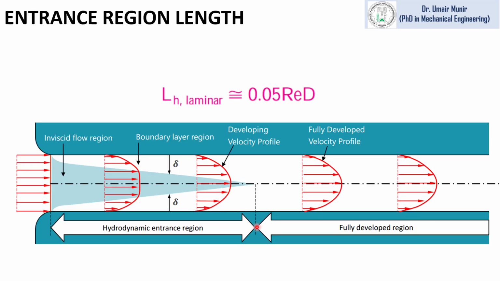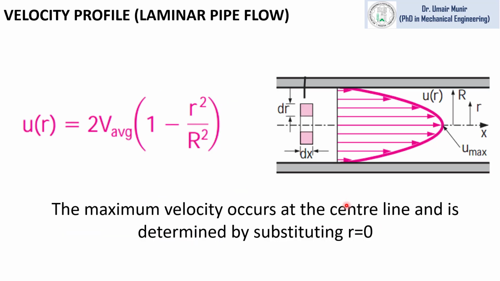The entrance region length can be found by this empirical relation, and this entrance region length is a function of Reynolds number and pipe diameter. This parabolic curve is the velocity profile, and it is expressed by this expression of u(r). This expression is for the velocity profile for laminar pipe flow.